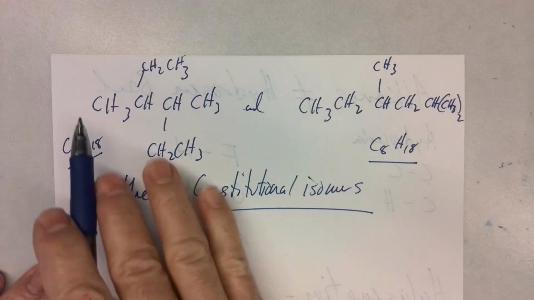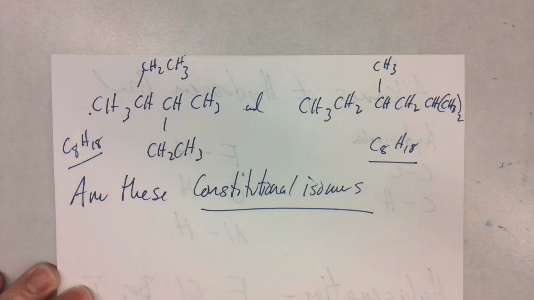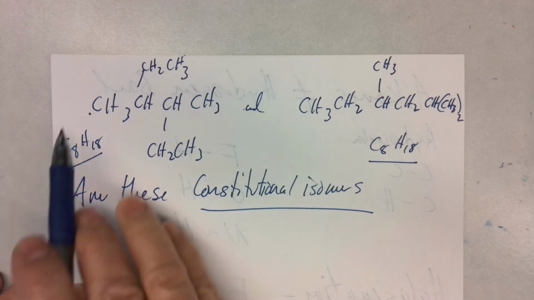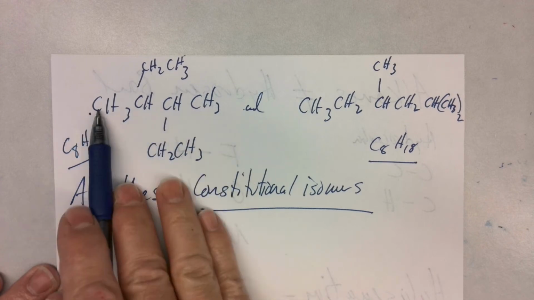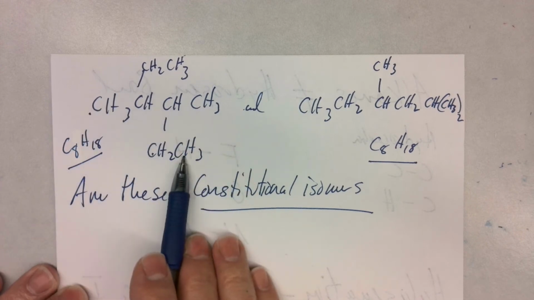Five? You're talking about the longest string? Yeah, I need to have the longest carbon backbone here. You would start at a CH3 and then go down: 1, 2, 3, 4, 5.